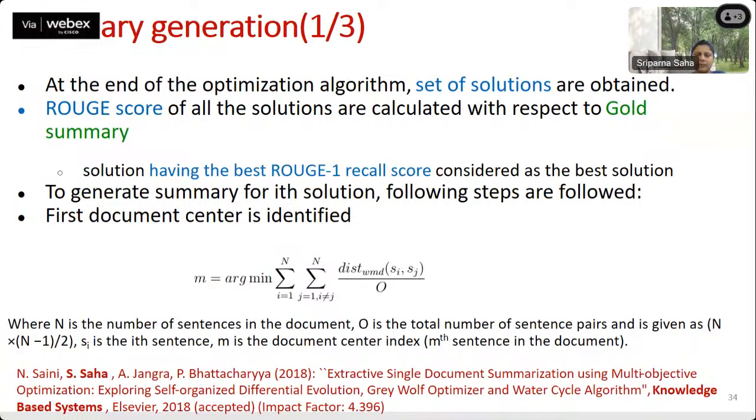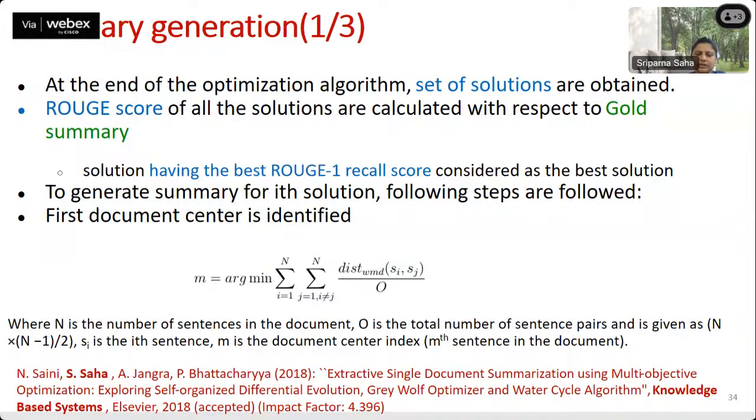Now the summary generation. So at the end of this, we will be getting some sentence clusters, and now this is the time to assign some ranking to the clusters. So at the end of the optimization algorithm, a set of solutions is obtained, and now the ROUGE score of all the solutions is calculated with respect to the gold summary. So a solution having the best ROUGE score is considered the best solution.